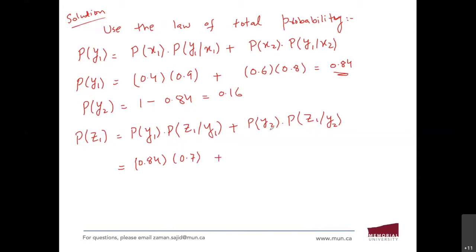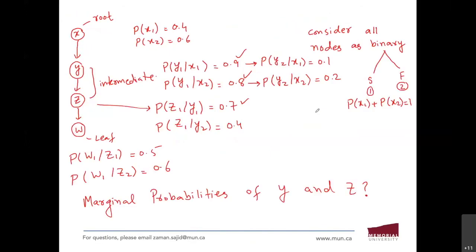Plus the probability of y2, which is 0.16, multiplied by the probability of z1 given that y2, which is 0.4.